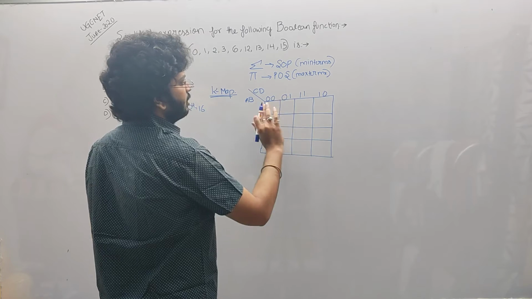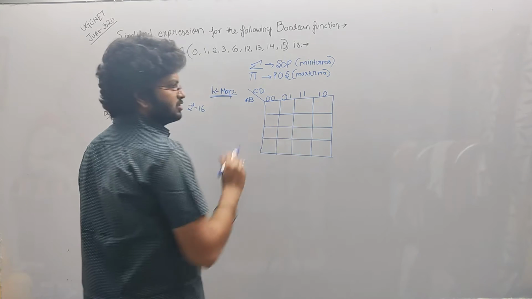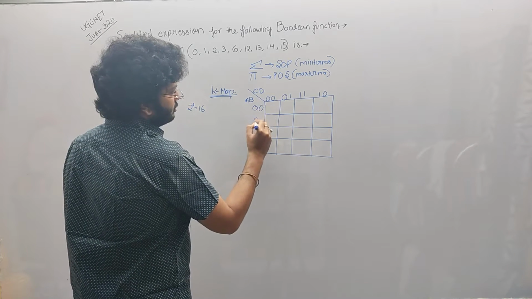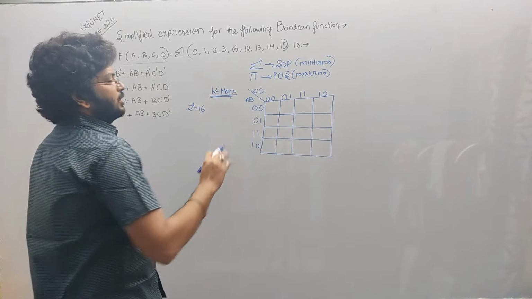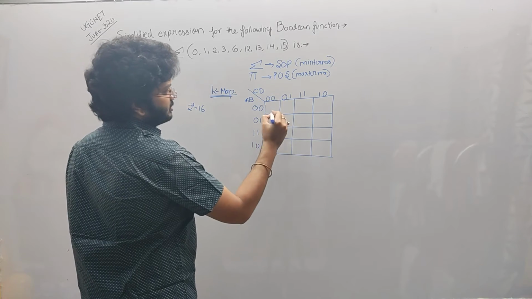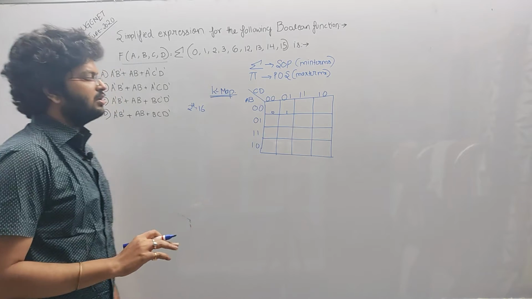From one place to the next, there will be a change in one bit only. So this is the concept of designing a K map. So I have here 0 0, 0 1, 1 1 and 1 0. It is 4 bits, 0 0 0 0 makes 0, this makes 1. So we have this kind of numbering here.